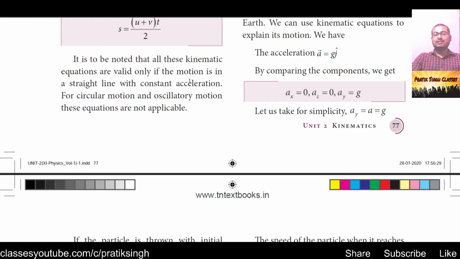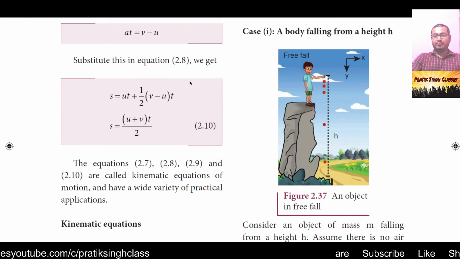Let us try to understand this in another way. The instant when the boy has just dropped the ball is taken as t equal to 0. After time t, suppose the ball has come to this point at my cursor, so from the top to here the time taken was t.